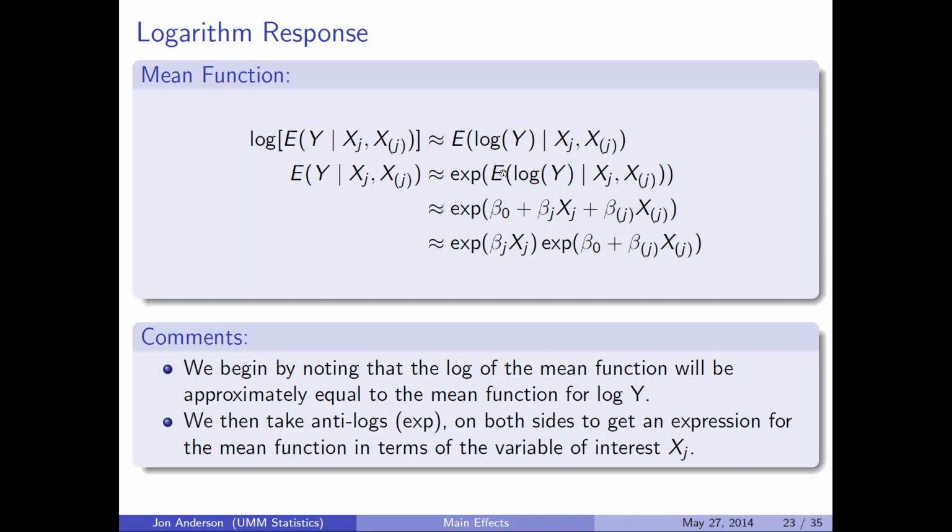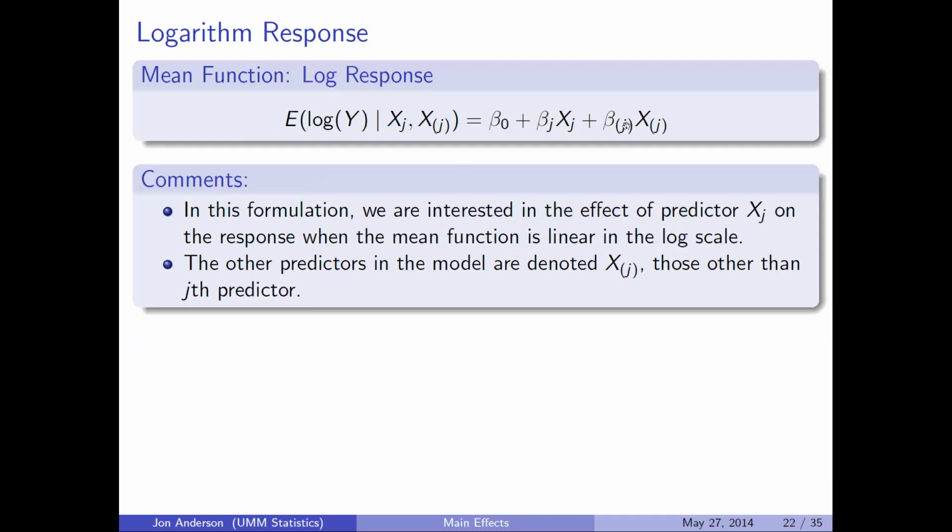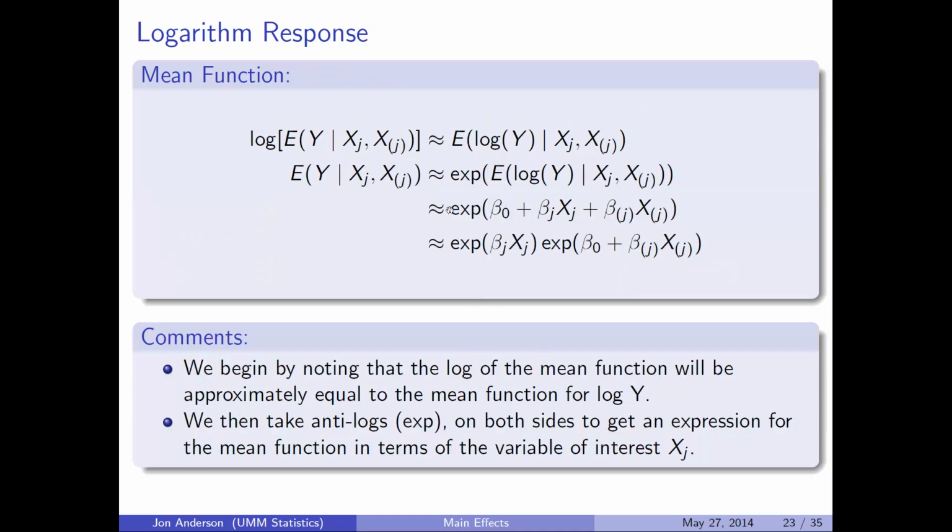Then if we plug in what we know about the mean function for the log of y, which we expressed back on overhead 22, we get e to the linear combination of the betas and the x's.